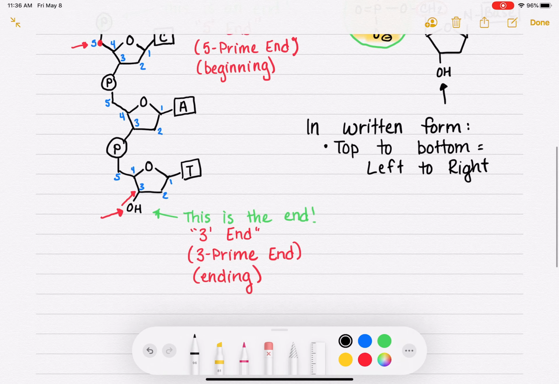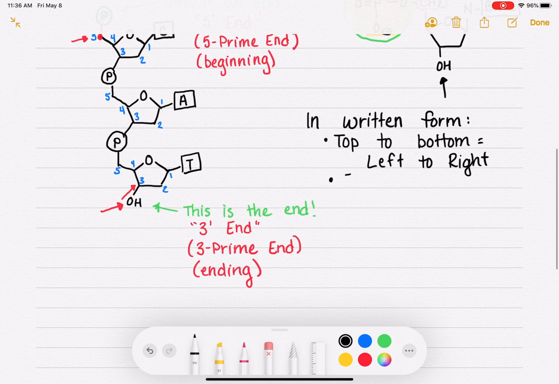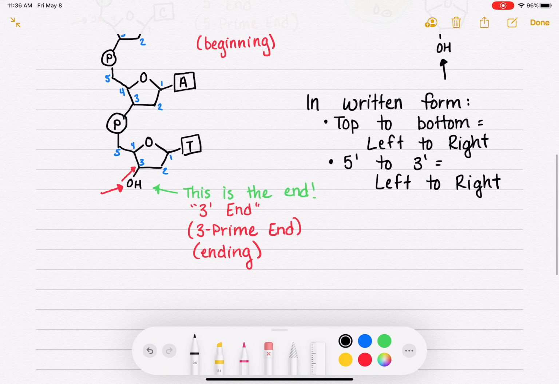Or another way of thinking about that is 5' to 3', left to right. So the 5' will be on the left and the 3' will be on the right. So for example, a lot of times people will actually write 5' at the beginning and 3' at the end, like that, 5' on the left, 3' on the right.